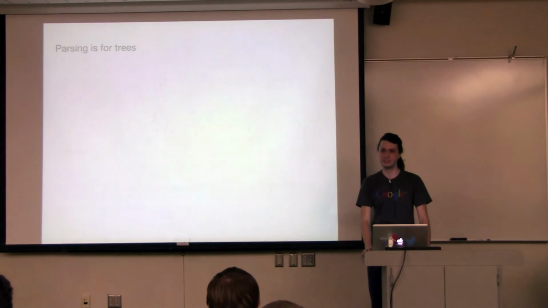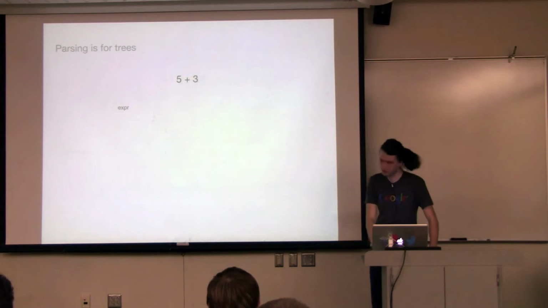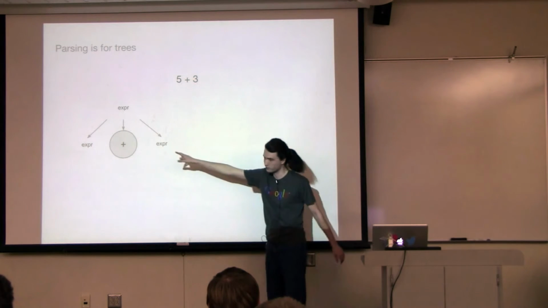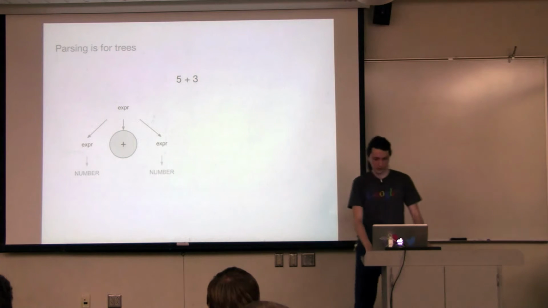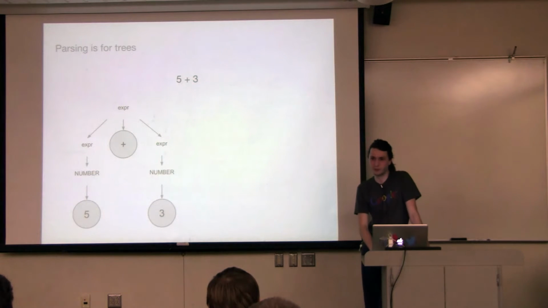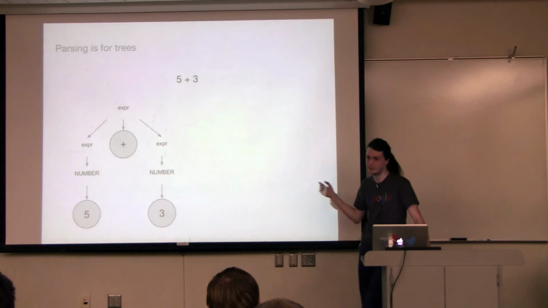Parsing is for trees. When you parse, you build a tree. So with our 5 plus 3, this is an example I just talked about. You have an expression. An expression is yielded to expression plus expression. Then we figure out that both expressions are numbers, and those numbers are 5 and 3. But that's really verbose, and no other part of our compiler or interpreter actually needs this information.